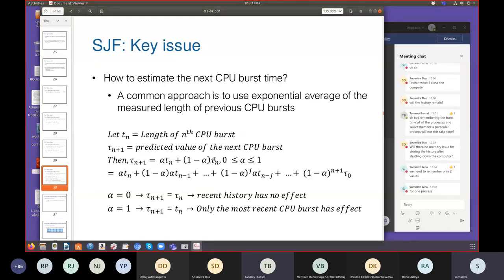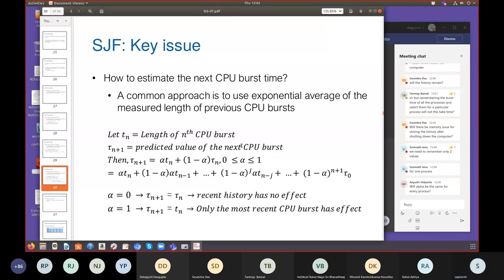What I think is Tn and tau n have to be remembered, and then using this expression you can figure out tau n plus 1, the next estimate. So remembering Tn and tau n and this value of alpha, I don't think doing this operation takes too much time for the kernel. Do you have some other concern? No, sir, I got it.